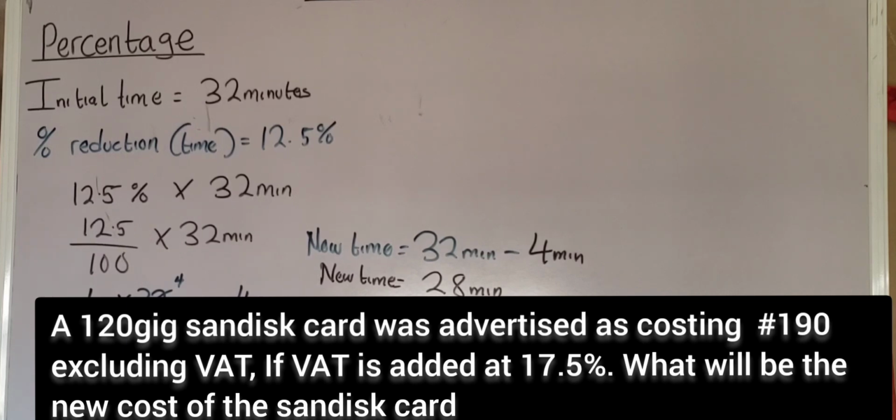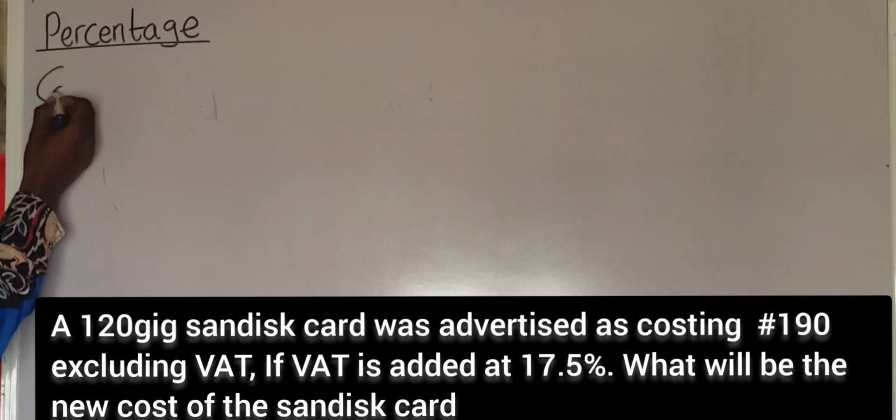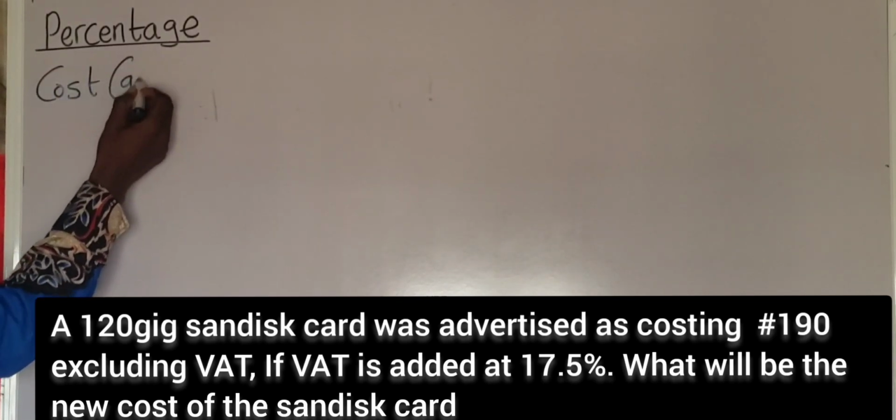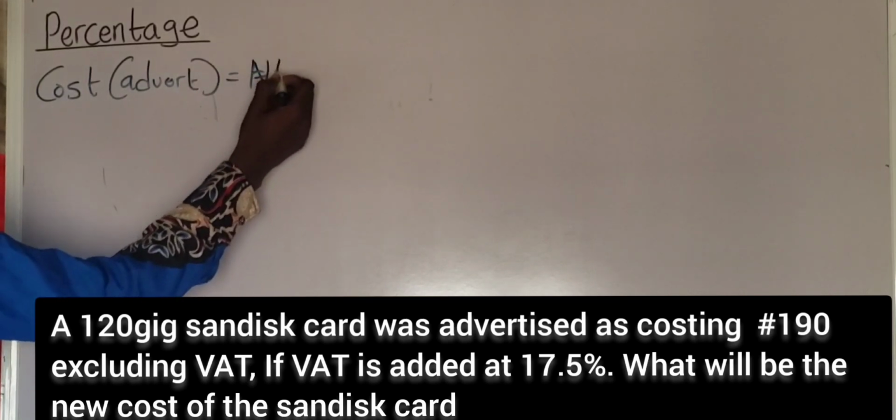If VAT is added at 17.5%, what will be the new cost of the SanDisk card? We are given that the card was advertised as 190 naira. Let me call that the cost on advertisement. The cost on advert is equal to 190 naira.